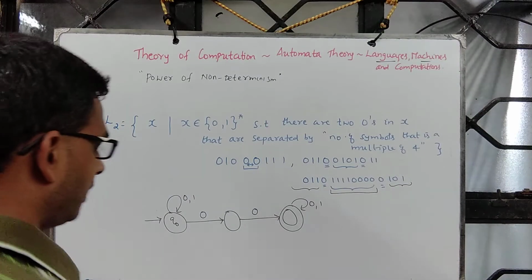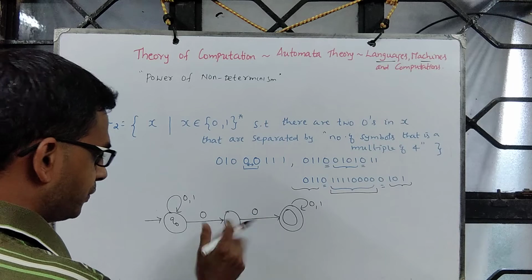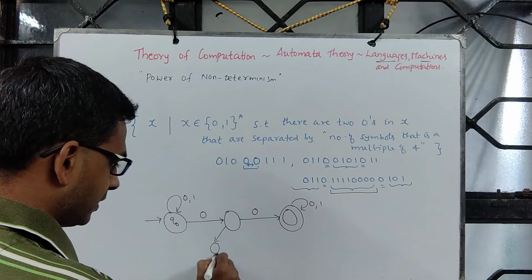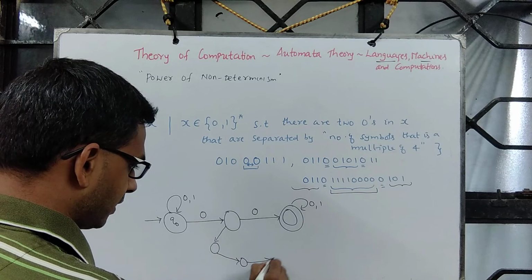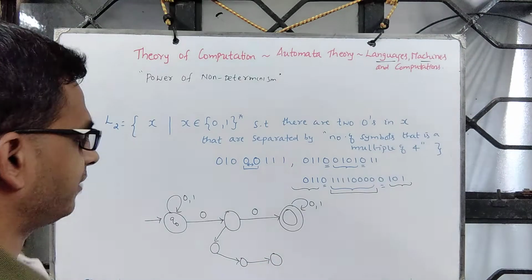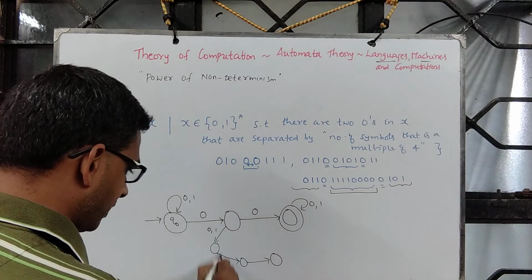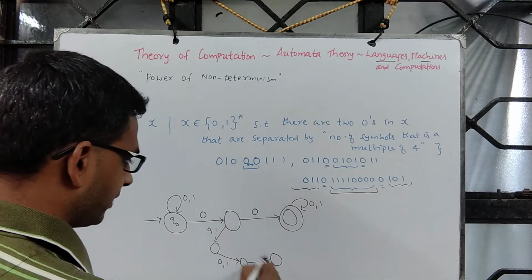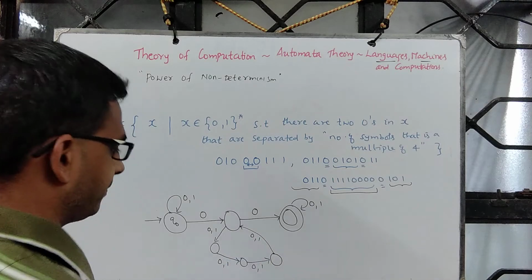Between these two you may see some number of symbols which are a multiple of 4. So this could be 0, 1, this could be 0, 1, this could be 0, 1, this could be 0, 1.